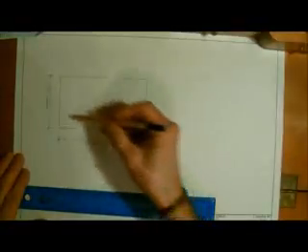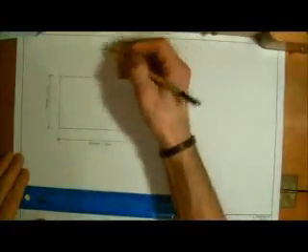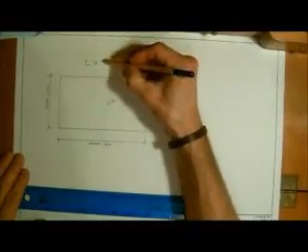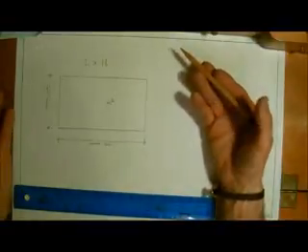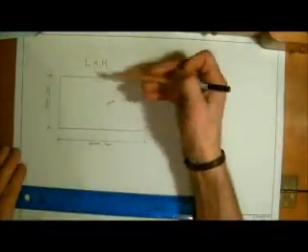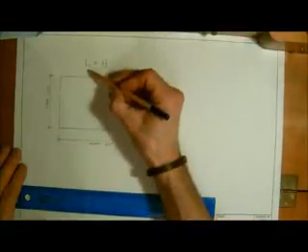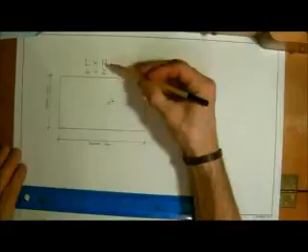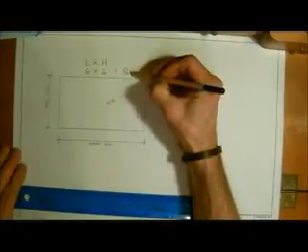The formula is the length times the height, or if it was a floor area it would be the length times the width. So here we've got the length at 6 meters times 2 meters of height equals 12 meters squared.